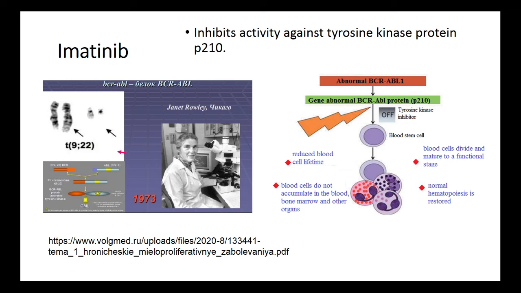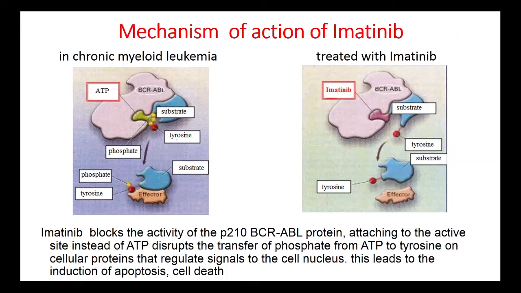Blood cells will not accumulate in the bone marrow, and blood cells will divide and differentiate into neutrophils, basophils, eosinophils, and will make normal hemopoiesis.